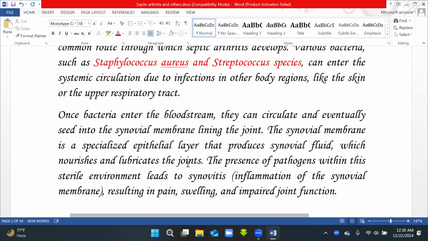The presence of the pathogen within this sterile environment of the synovial membrane leads to what is known as synovitis, that is, inflammation of the synovial membrane, which results in the patient feeling pain, swelling, and inability to use that joint.